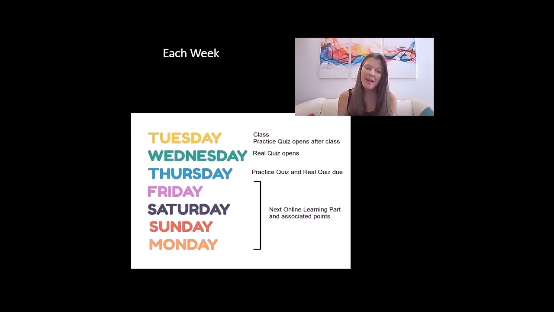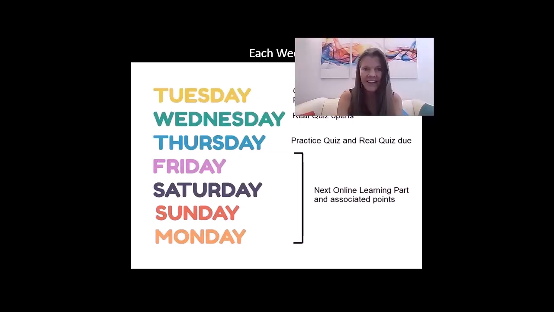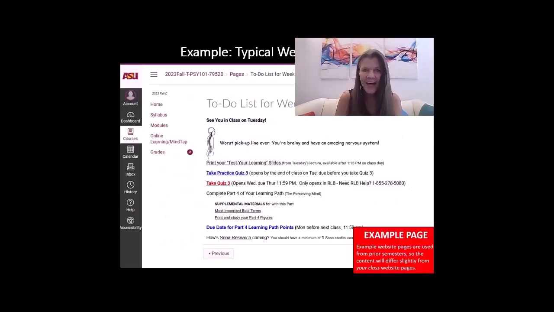Finally, the rest of the week, as you can see on this slide, you will be doing your next online learning part. Now, let's see what this looks like in your to-do list. So let's just look at a to-do list of a random week. And here we go. Okay, this one happens to be week 4.